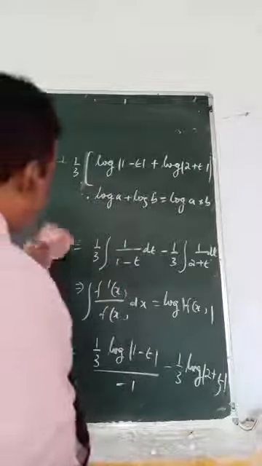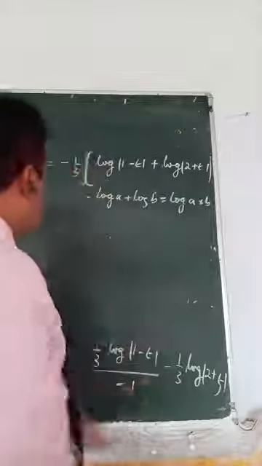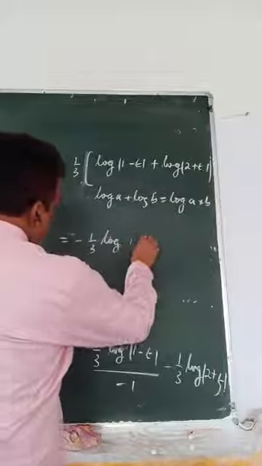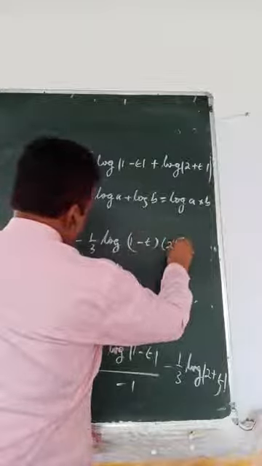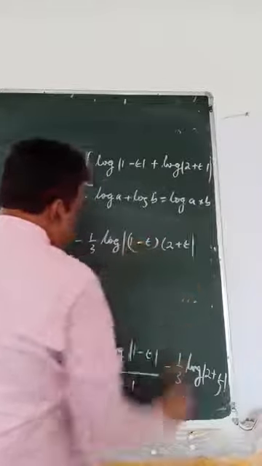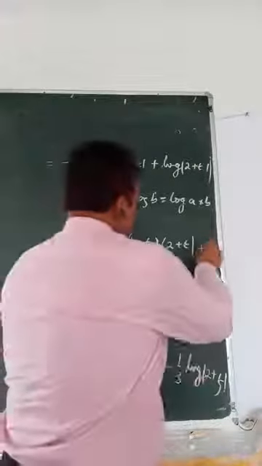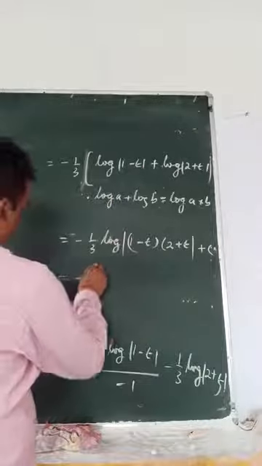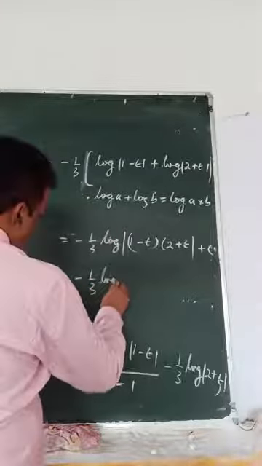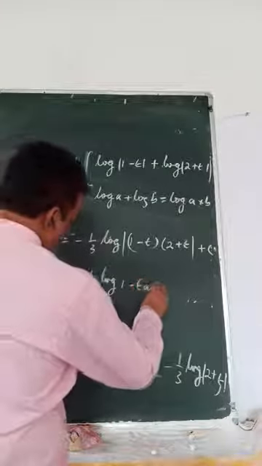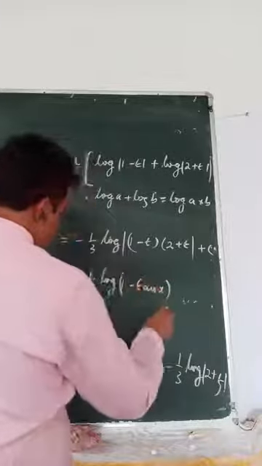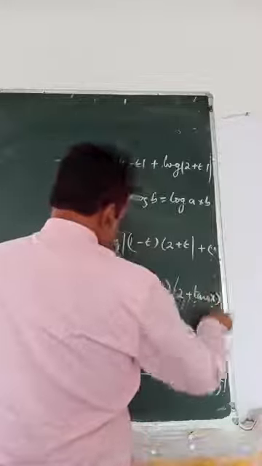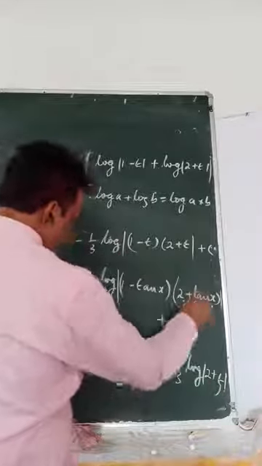So what is your answer? That is minus 1/3 log of 1 minus t into 2 plus t. Now put back the value of t. What was t? tan x. Modulus. Then a constant c.